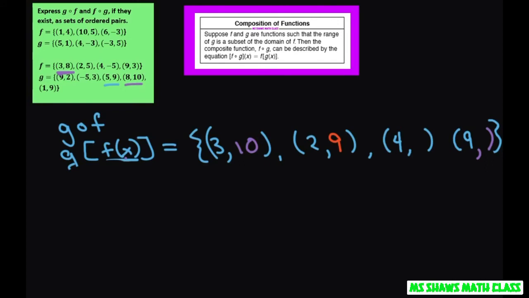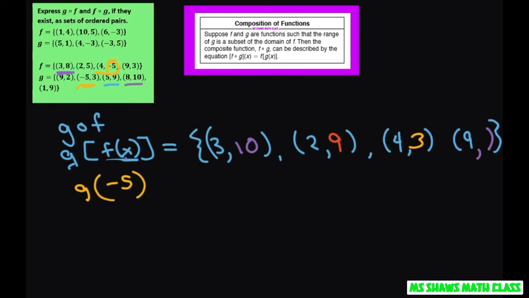We're doing f. 4 maps to negative 5. And negative 5 maps to 3. So if x is 4, then your y is going to be negative 5. And g of negative 5 is 3. You're looking at this one.